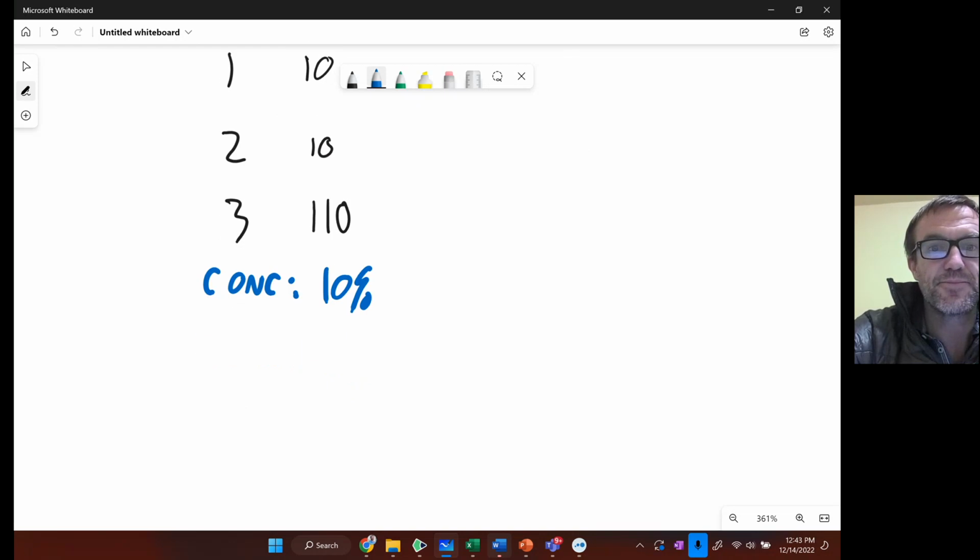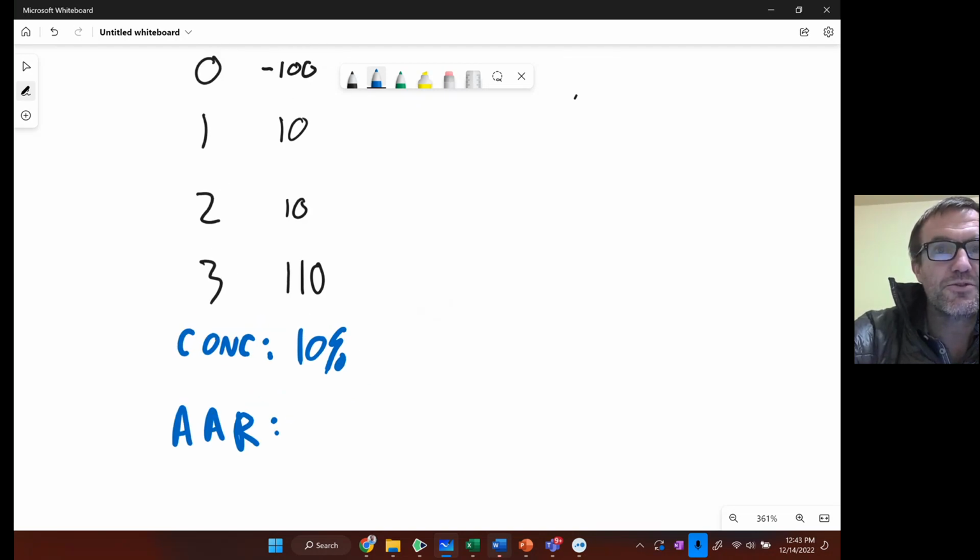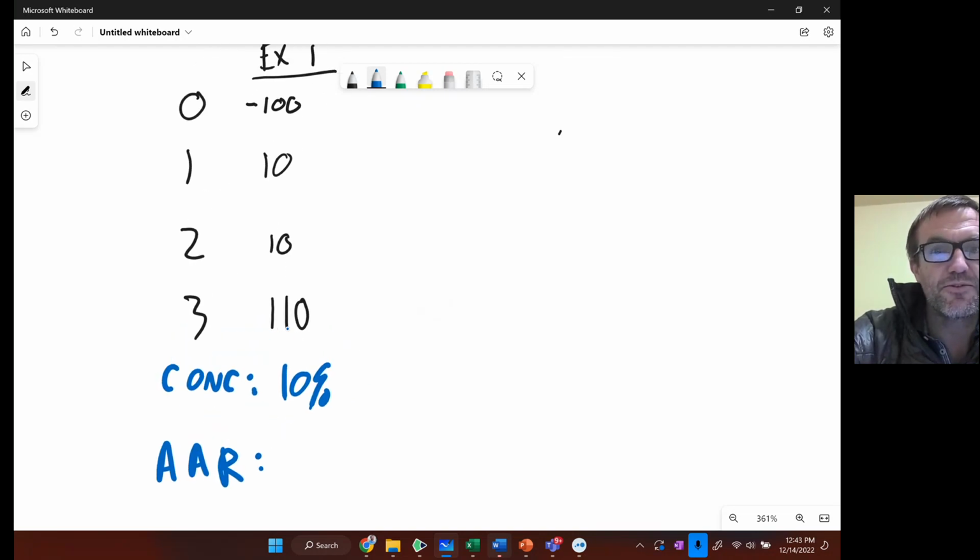So that's 10%. Your average annual return, well, to do this, you discount getting your capital back, and you just figure out how much total return you got divided by the number of years. In this case, you got $30,000, 10, 10, and 10.